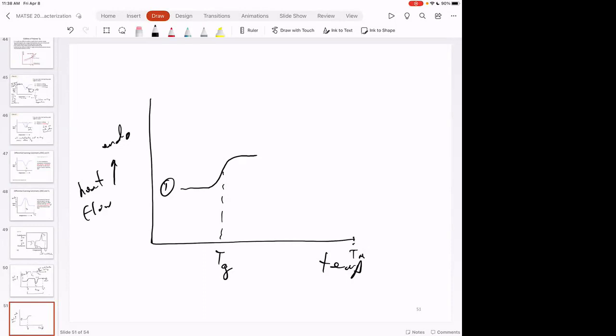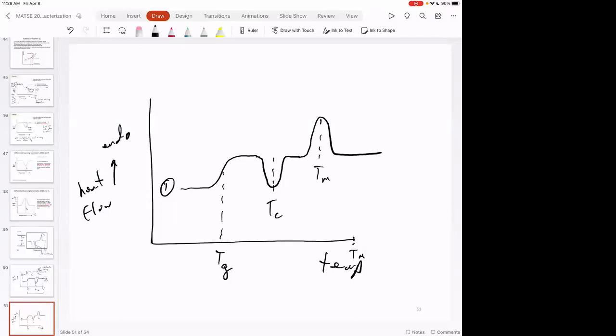It could crystallize a little bit more. You could get a TC. And then you heat it up a little bit more, and what are you going to get? TM, great. And then you're going to get above TM0, and nothing else happens. Great. So that's all good.